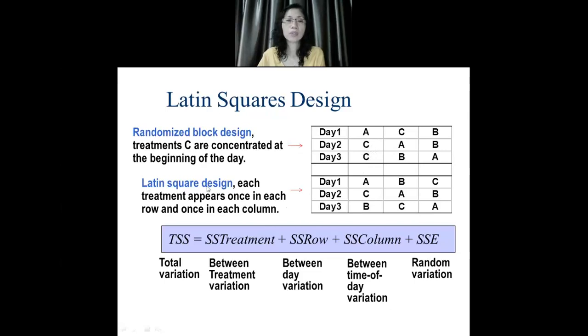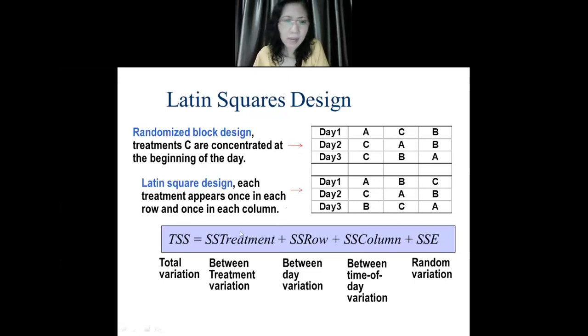So in Latin square design, each treatment appears once in each row and once in each column. So instead of 2 appearing early in the day, we make sure that there is only 1 appearing in the early part of the day, the midday and the end of the day.